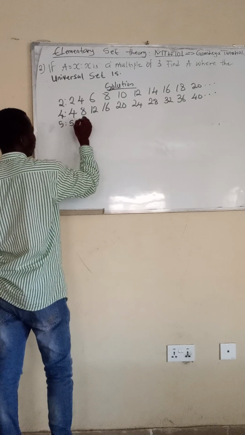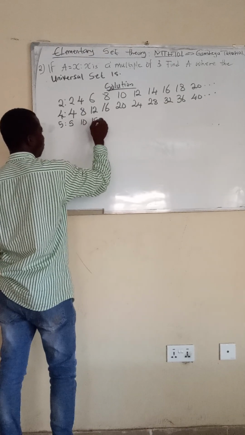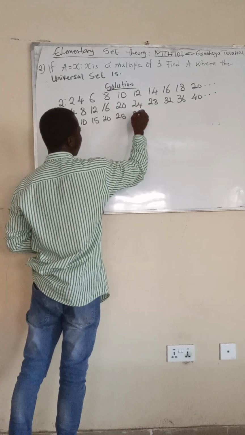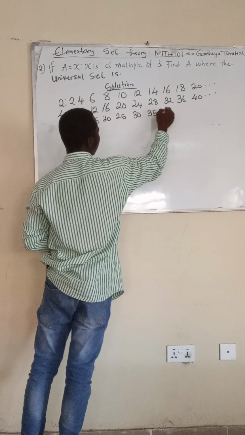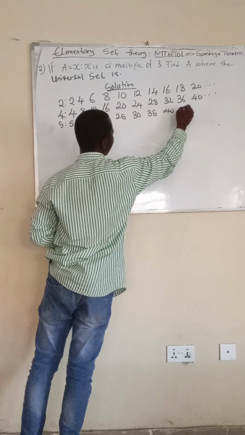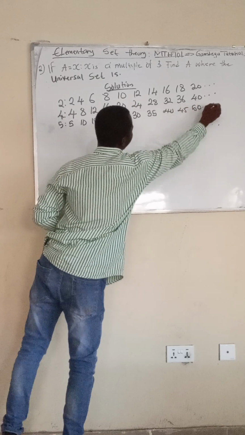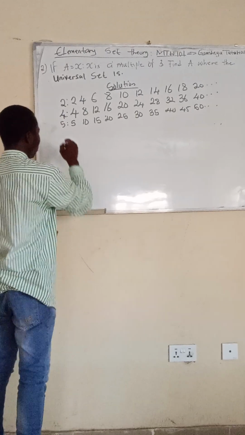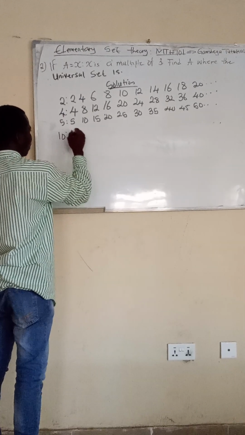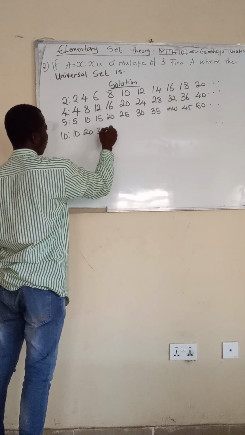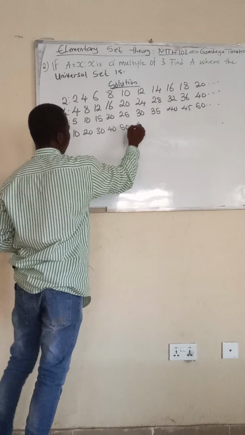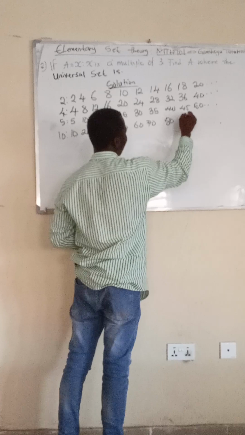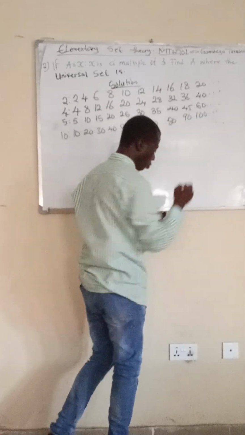We have 5, 10, 15, 20, 25, 30, 35, 40, 45, 50. And lastly, the multiples of 10: 10, 20, 30, 40, 50, 60, 70, 80, 90, 100, and it goes on like that.